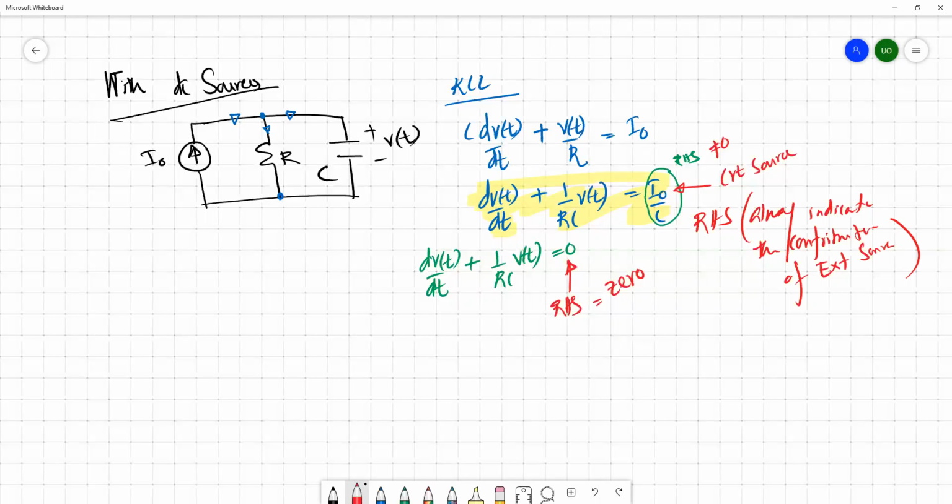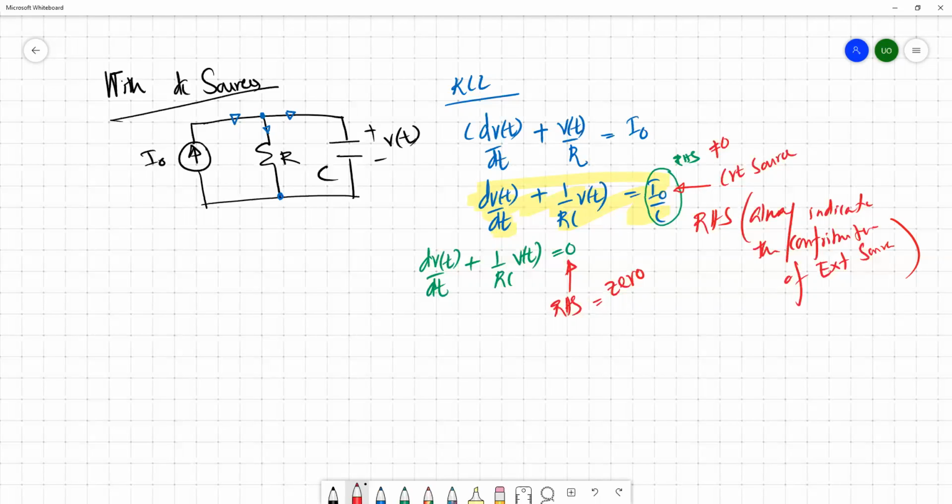So the right hand side comes from the external sources you plug into the circuit. If the right hand side is non-zero, your circuit definitely contains external sources.